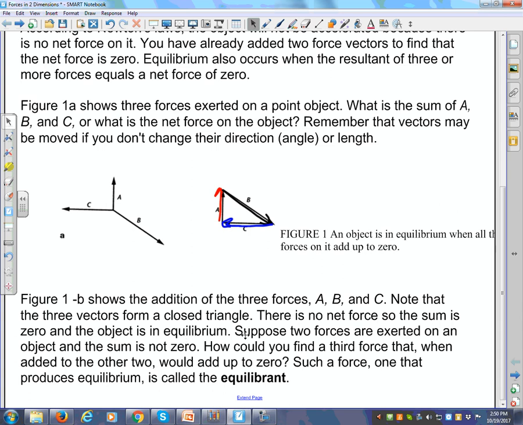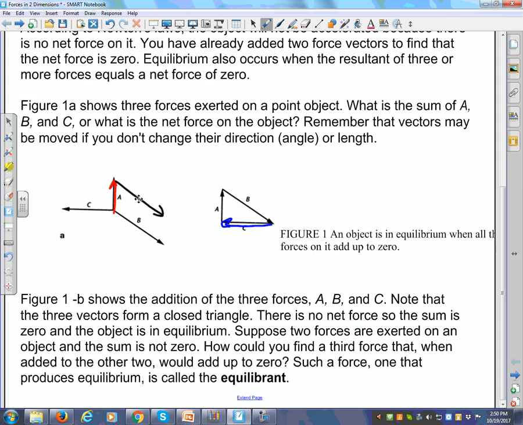Now suppose just 2 forces are exerted on an object. So what if I've just got A and B? Well, then they are not going to be in equilibrium, right? In fact, where would the resultant of those two be? Well, the resultant would be like that, right? Now what does that kind of look like?